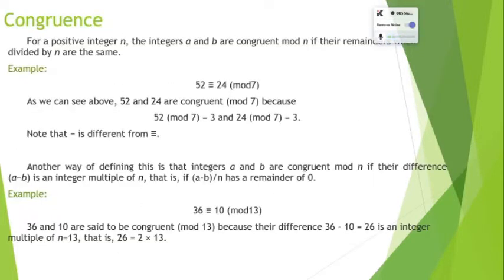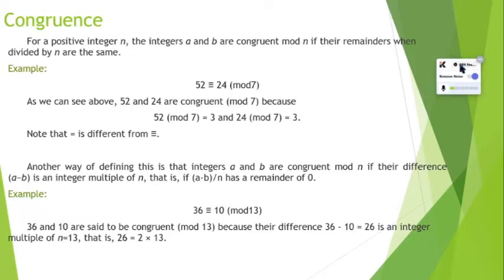Let's go with congruence. So, for a positive integer n, the integers a and b are congruent mode n if their remainders when divided by n are the same. So, for example, 52 is identical to 24 mode 7.